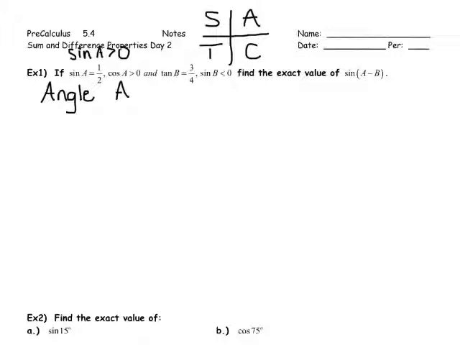So they're both positive only in quadrant 1. So angle A is going to be in quadrant 1. So if I draw quadrant 1 and I make an angle such that it's equal to ratio 1 over 2.